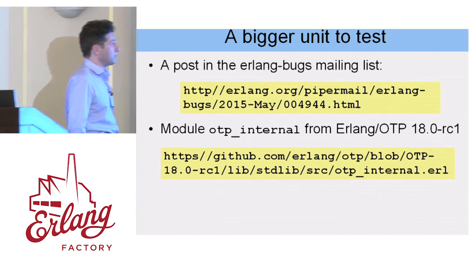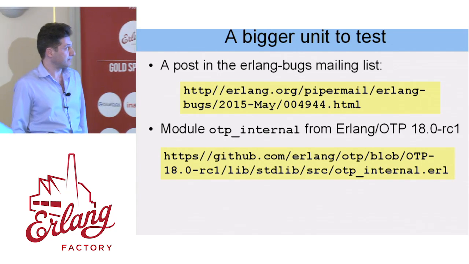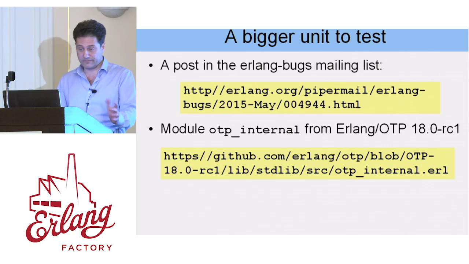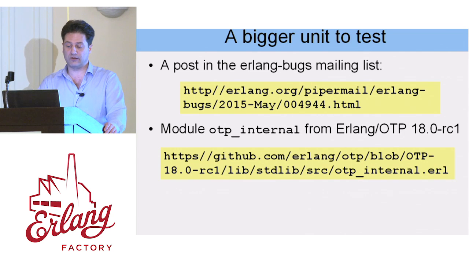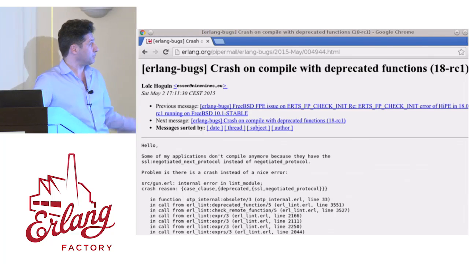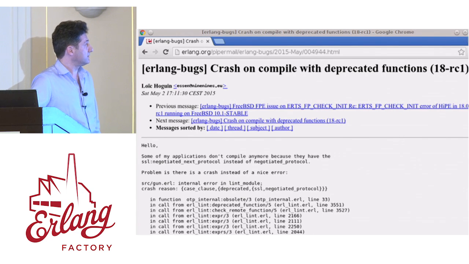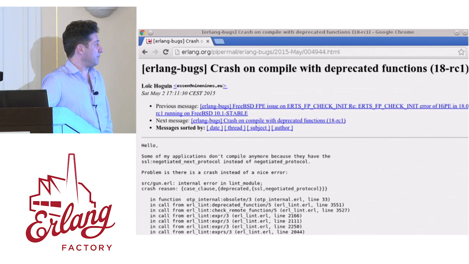There is a post in the Erlang bugs mailing list last May, and it involved a module from the Erlang OTP RC1. Here is the post by Loic: Some of my applications don't compile anymore because they have been using next protocol negotiated. Instead, the result is a crash in the compiler.